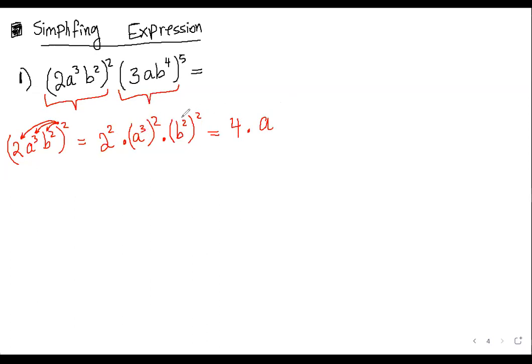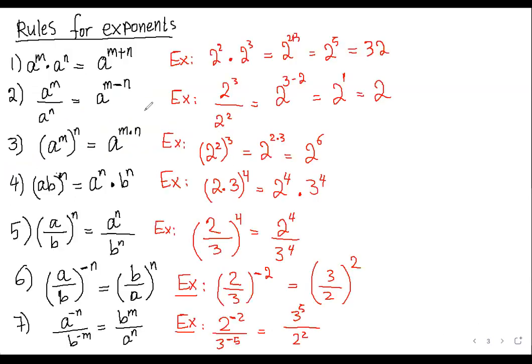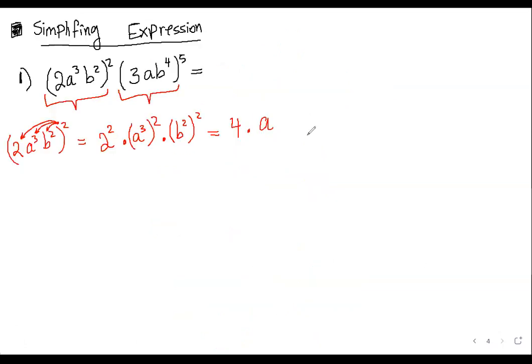We multiply the 2 by 3 using this rule: a to the m, all of these to the n, means a to the m times n. We multiply m by n. So here a to the 6, 3 times 2, times b, 2 times 2 is 4. So this is the first simplifying for the first term.